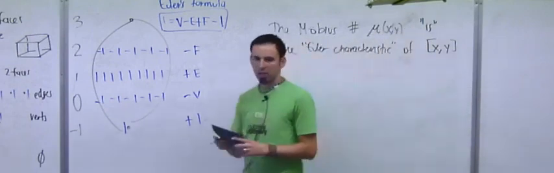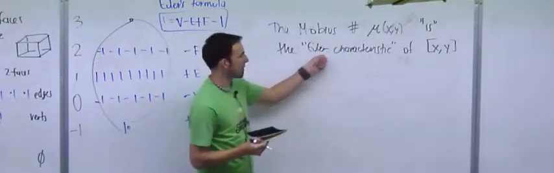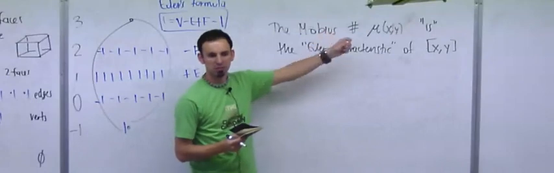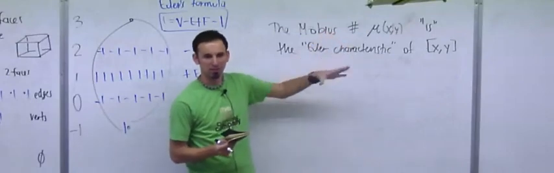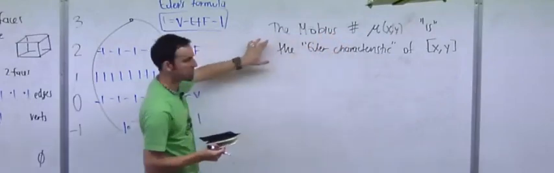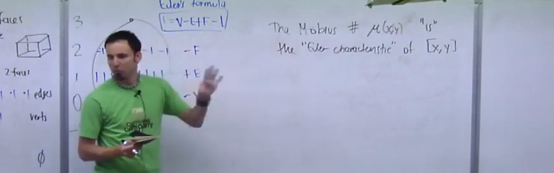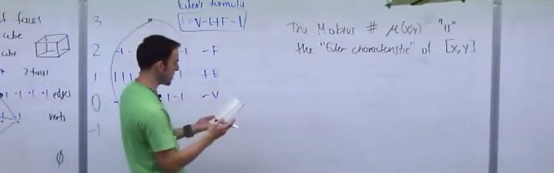Now I'm putting this in quotations only because I'm not saying exactly in which sense it is, but this is really a pretty precise statement. I mean, this is not just hand waving. There is a sense in which this is very precise, and if you know some topology, come talk to me and I'll tell you about it.